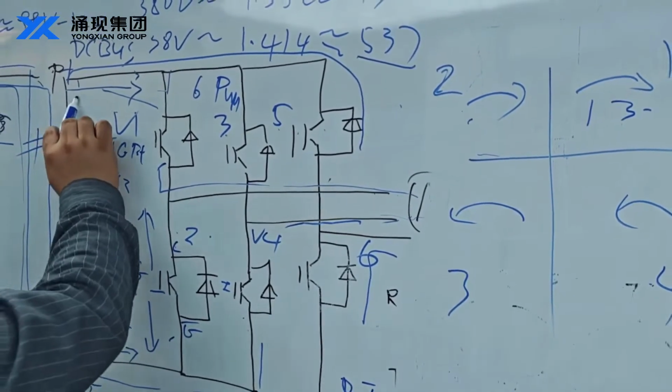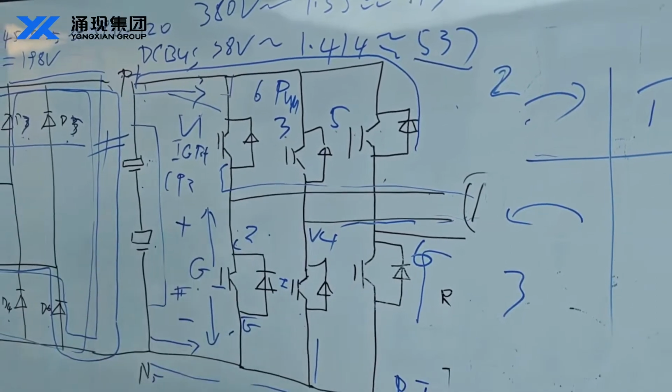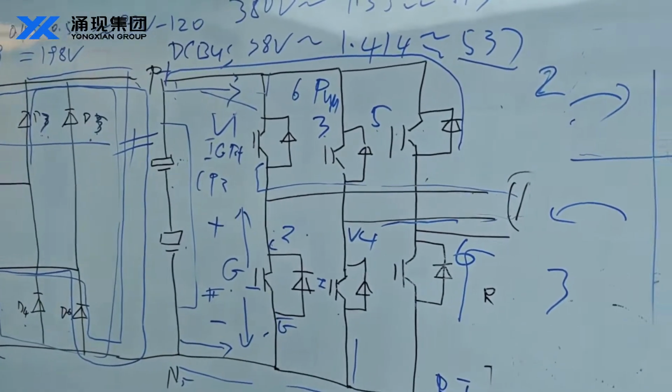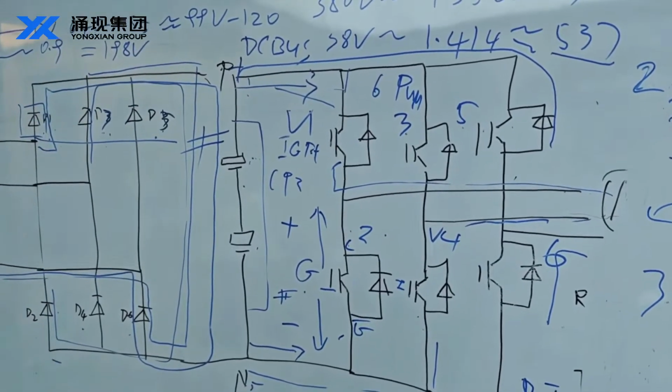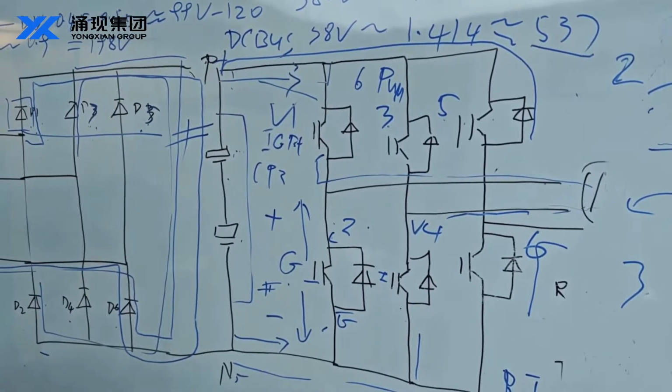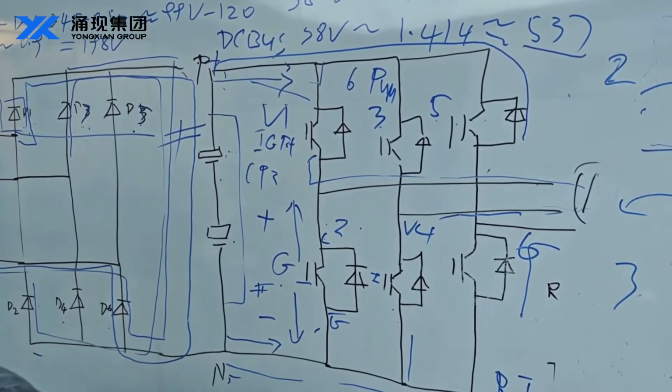When the DC bus is fully charged, it needs to convert the excess electrical energy.